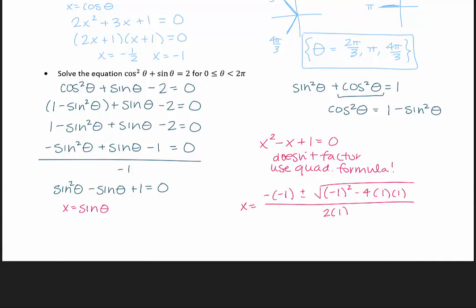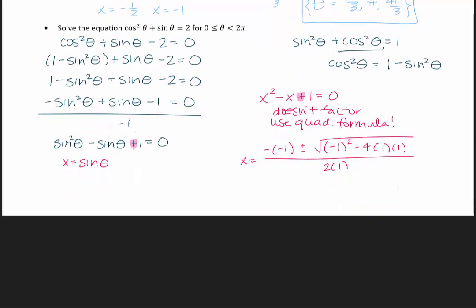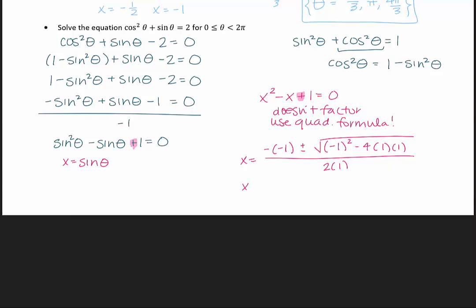So I had to go back. I forgot to divide this by negative 1 to make this positive. So just make sure that you've changed those signs as you go. So I get x to be 1 plus or minus the square root of 1 minus 4, all over 2. So I get x equals 1 plus or minus the square root of negative 3, over 2.